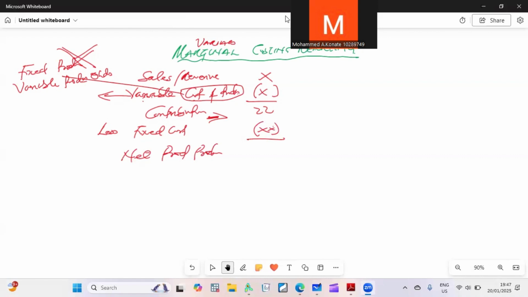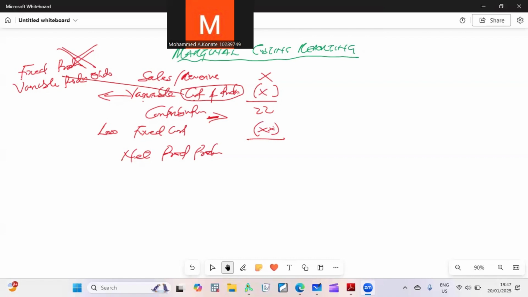You have to make sure you bring all the variable costs, both the production one and the non-production one. So the difference between this one and the absorption is just the split between the variables.